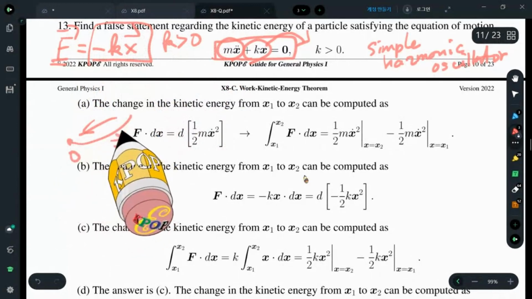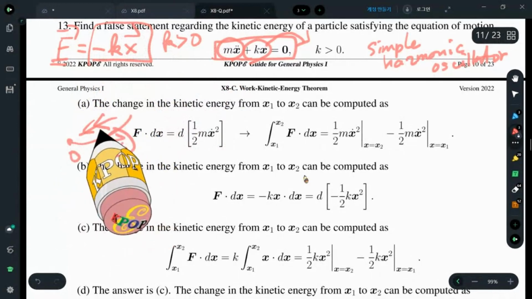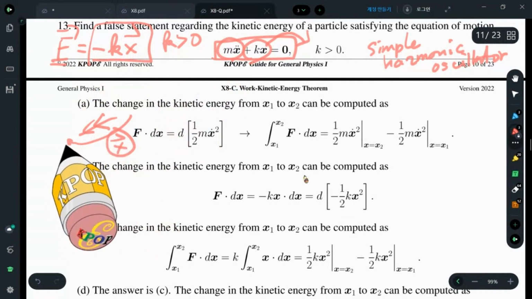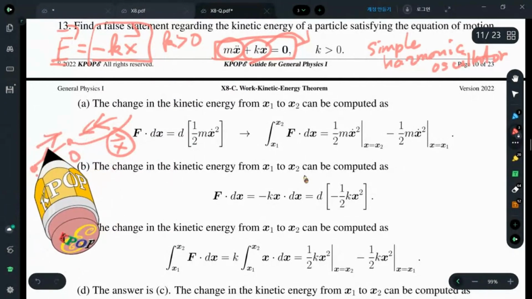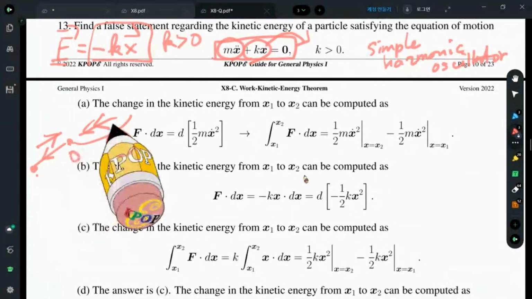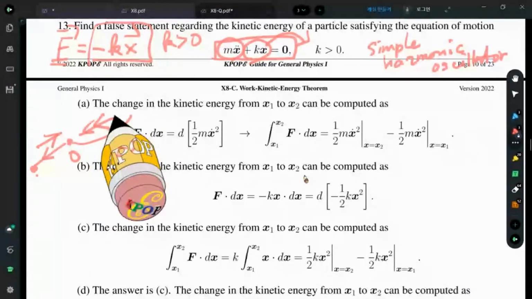If there is a displacement by x, the force is opposite. If it makes a displacement in the negative sense, the force is positive, something like that. So it is always opposite to the displacement.